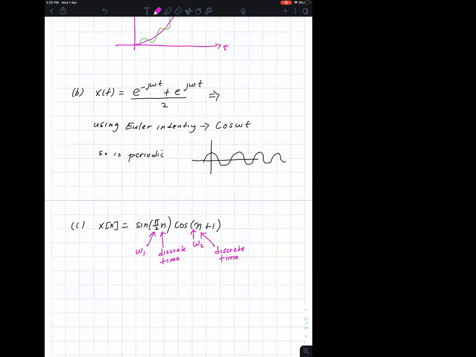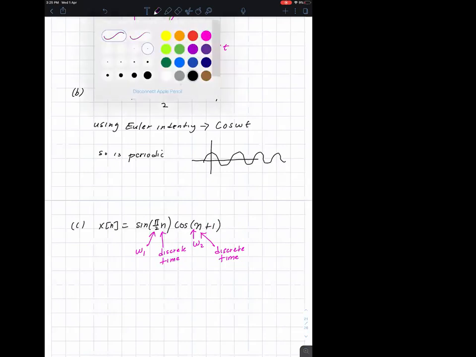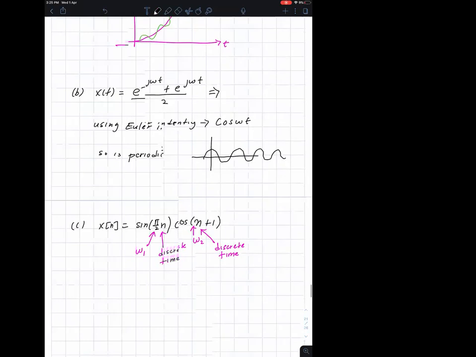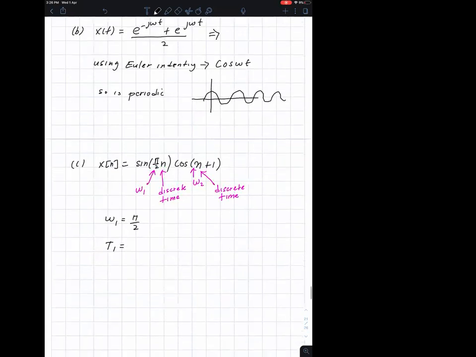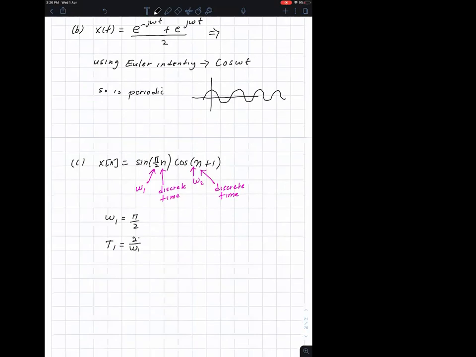You don't worry about the phase shift. Omega 1 is pi over 2, so period T1 is 2 pi over omega 1, which is 2 pi over pi over 2, which is 4.